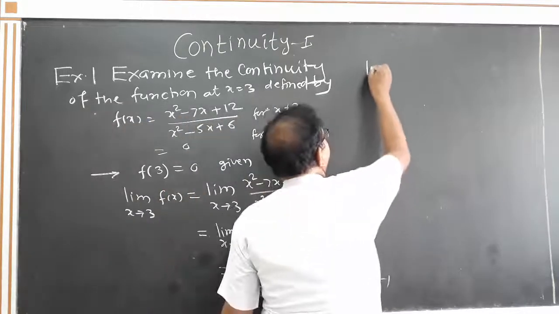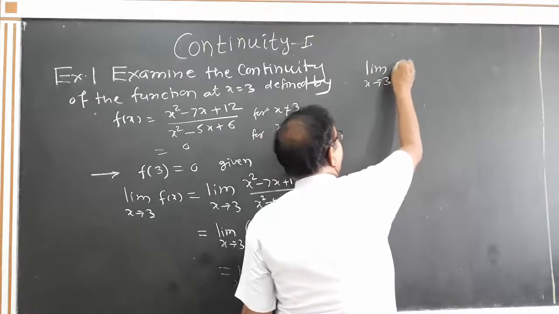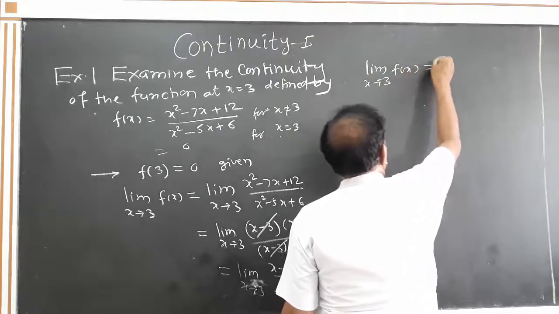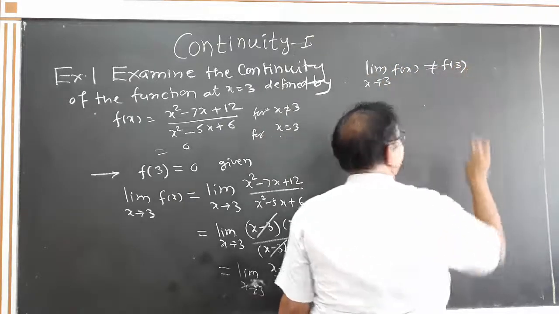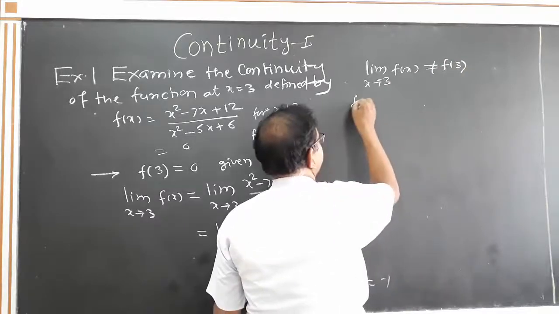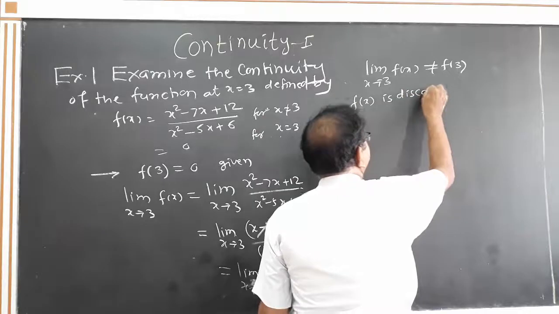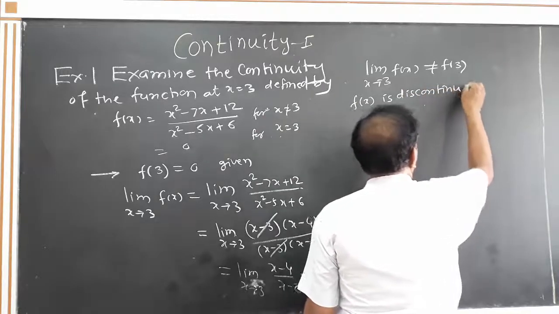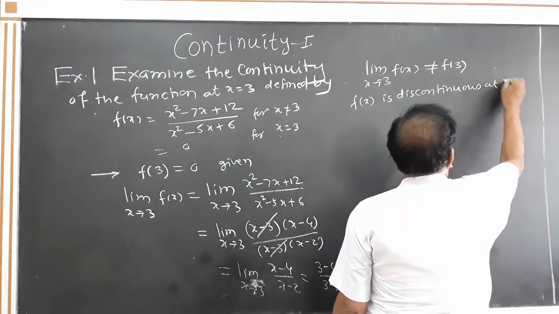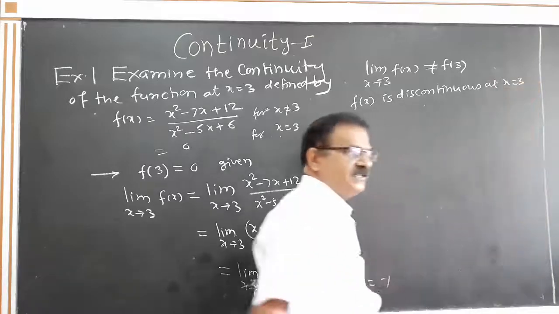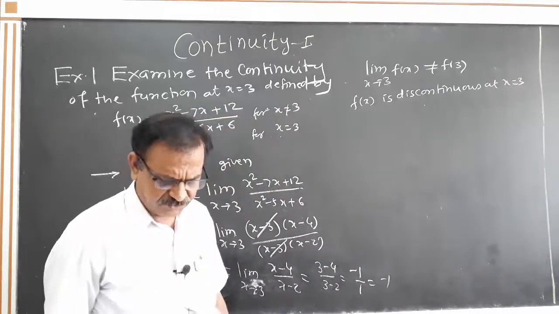Therefore, limit x tends to 3 of f(x) is not equal to f of 3, and hence f(x) is discontinuous. Hence f(x) is discontinuous at x equal to 3.